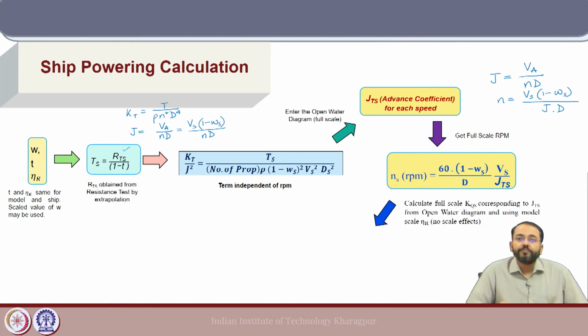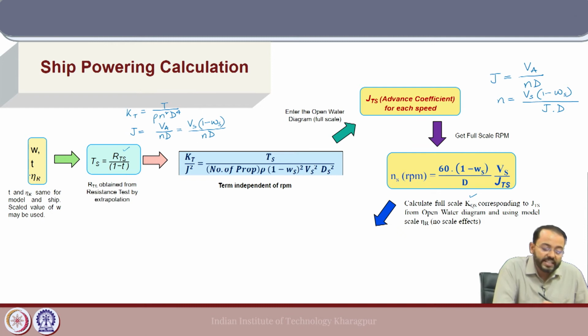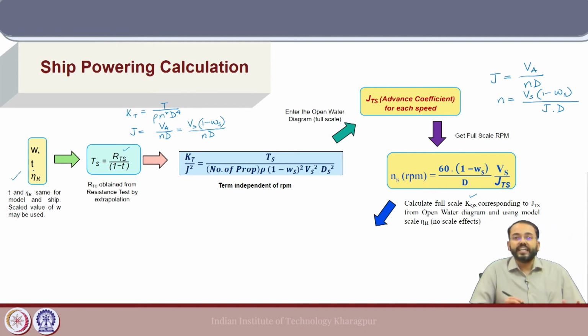So, once we have the RPM in the full scale, the same J can be used to calculate the corresponding KQ from the open water diagram for the ship in the full scale, and this KQ can be used along with eta r, which we had already calculated in the beginning.